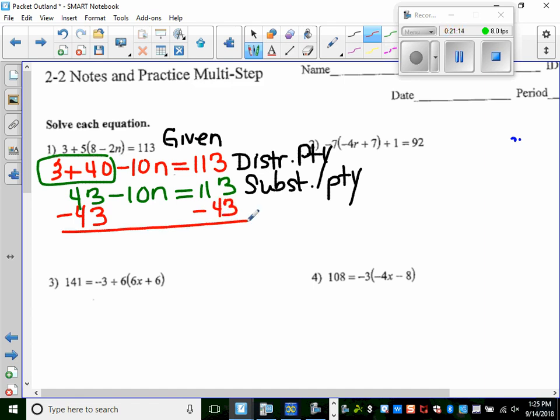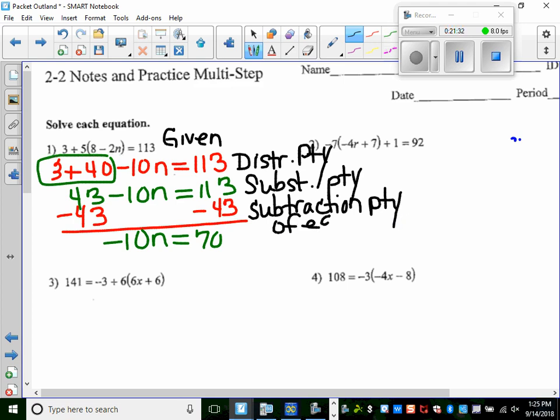Who can tell me what 113 minus 43 is? 70. So I have just used the subtraction property of equality.